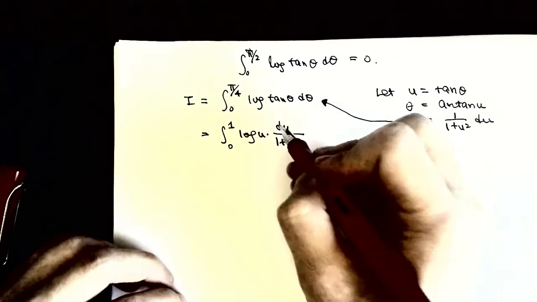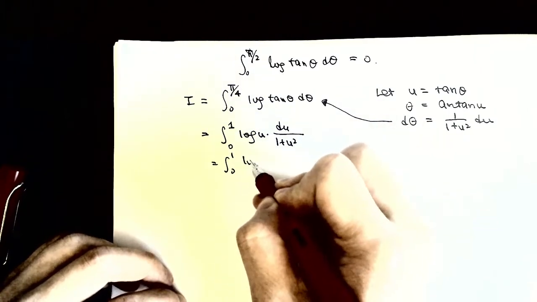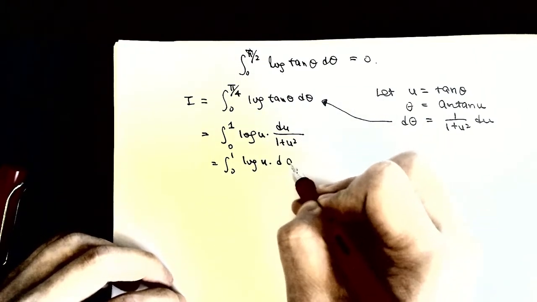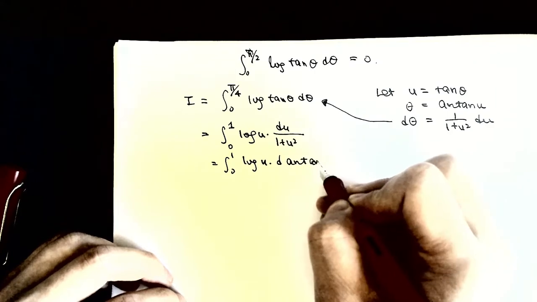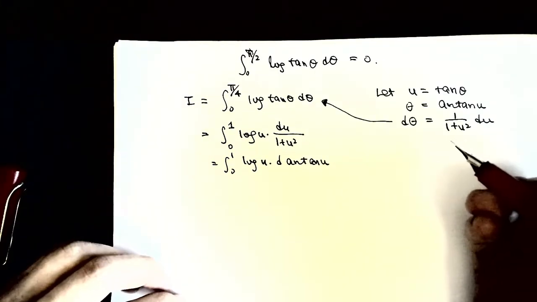Now we notice that this factor is actually the arctangent derivative. Then we use integration by parts.